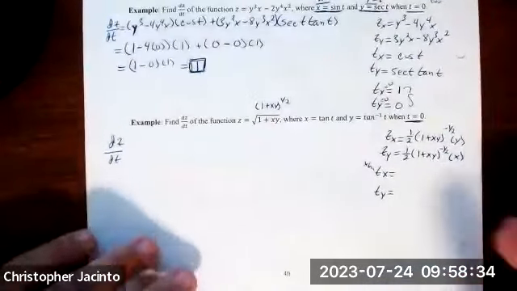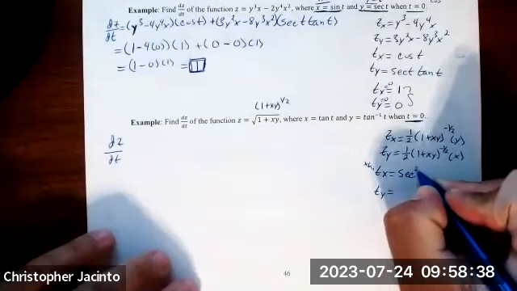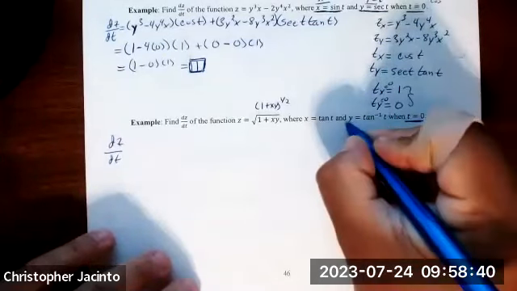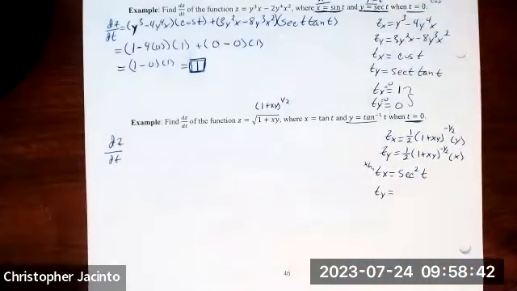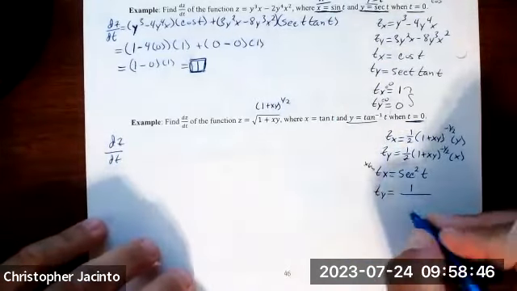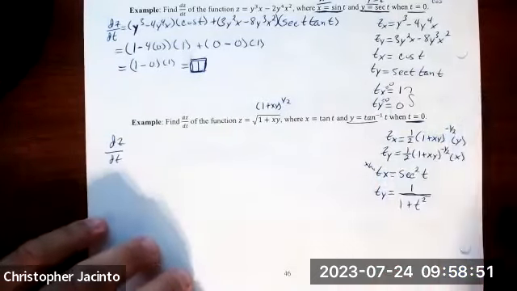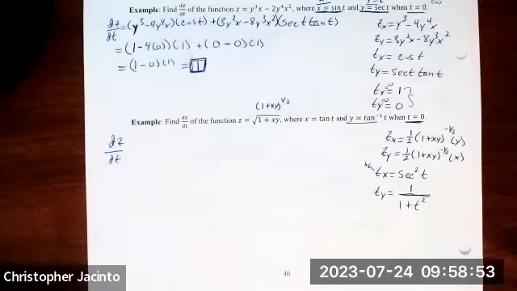Okay, the derivative with respect to tangent is secant squared. And you guys are going to love this one. The derivative of tan inverse is 1 over 1 plus x squared, or since we're dealing with t's, it's 1 over 1 plus t squared.